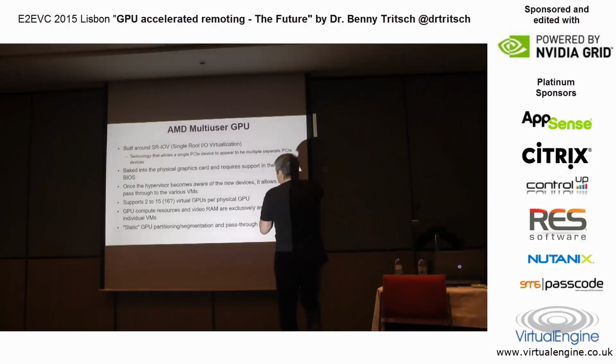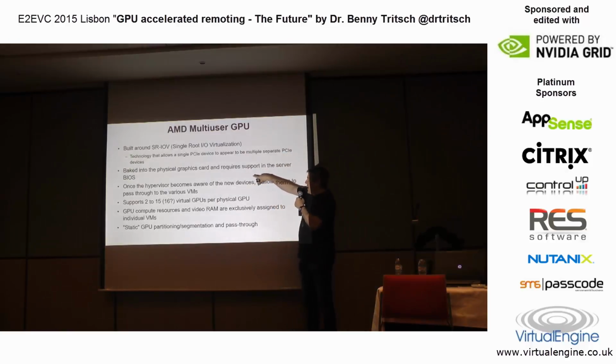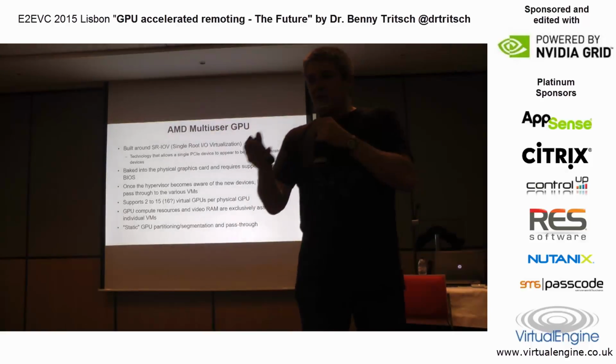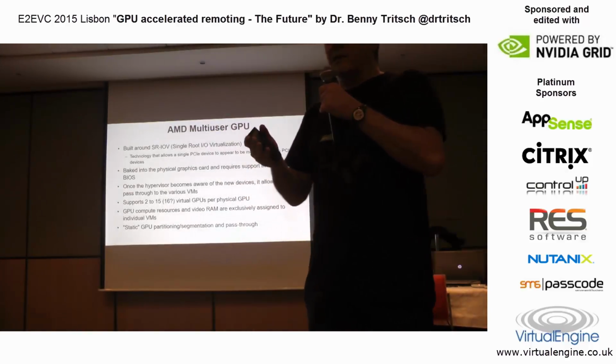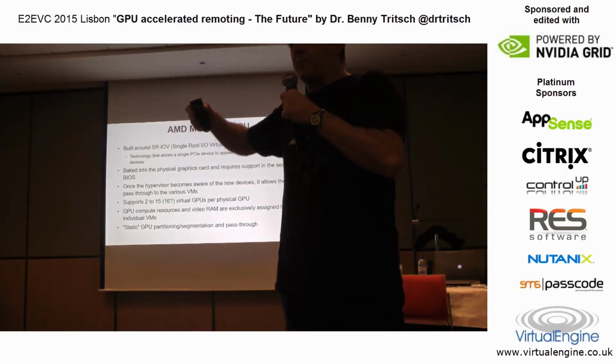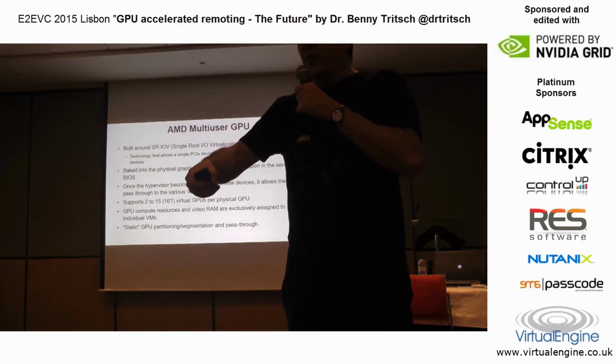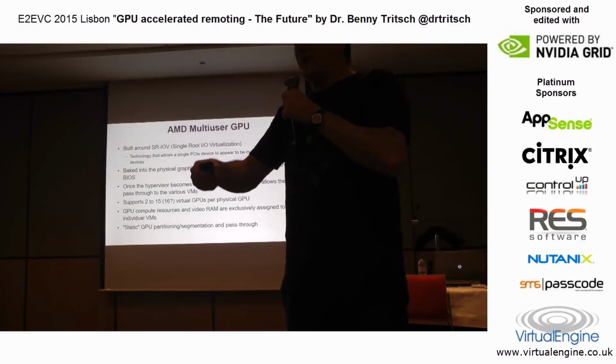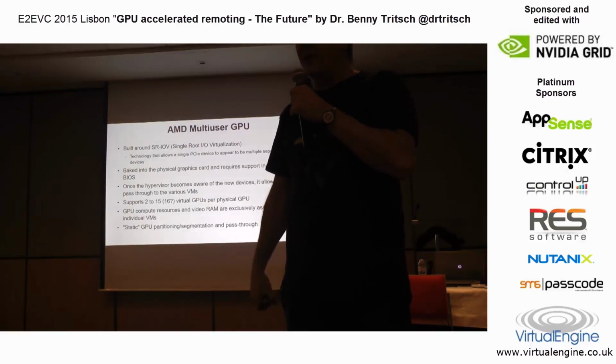It is baked into the physical graphics hardware, and it must be supported by the BIOS, because the BIOS needs to be able to deal with that many graphics cards. If one physical graphics card pretends it's 16 graphics cards, and you plug in like 4 of those in a physical server, that's many graphics cards suddenly available on this system.